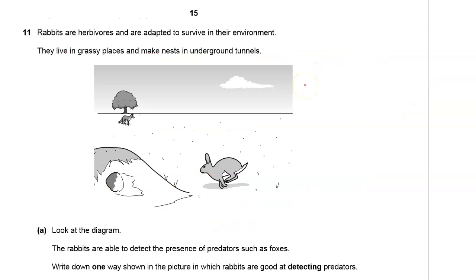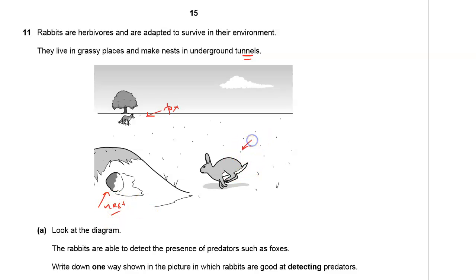Question 11. Rabbits are herbivorous and are adapted to survive in their environment. They live in grassy places and make nests in underground tunnels. There's a rabbit there. There's a fox. The fox feeds on rabbits. Of course, this is the nest.